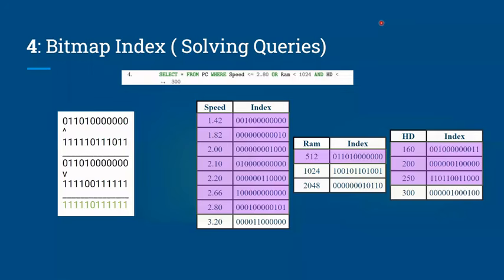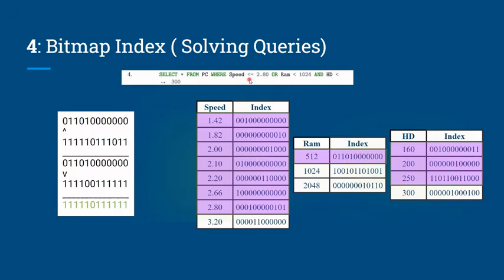And the 4th query here, we would also look for a range. However, we have an OR as well as an AND in our WHERE statement in the query. So we would go and execute the AND first, then we would OR the outcome with whatever we have for the speed.